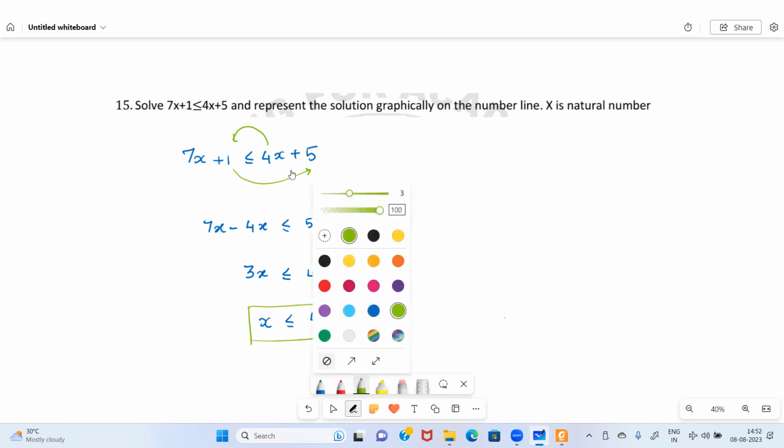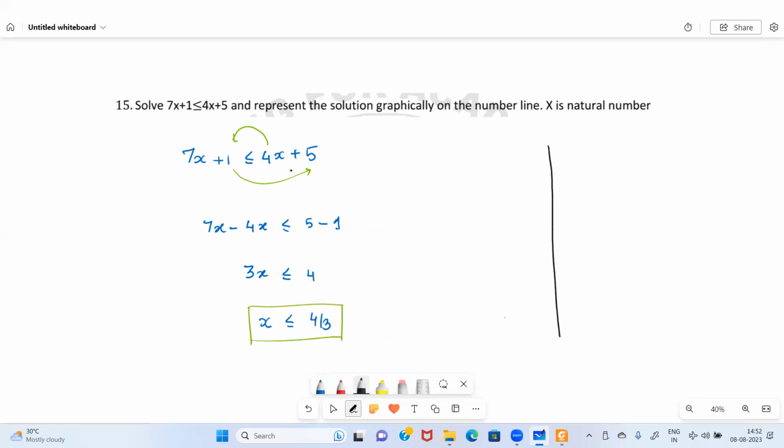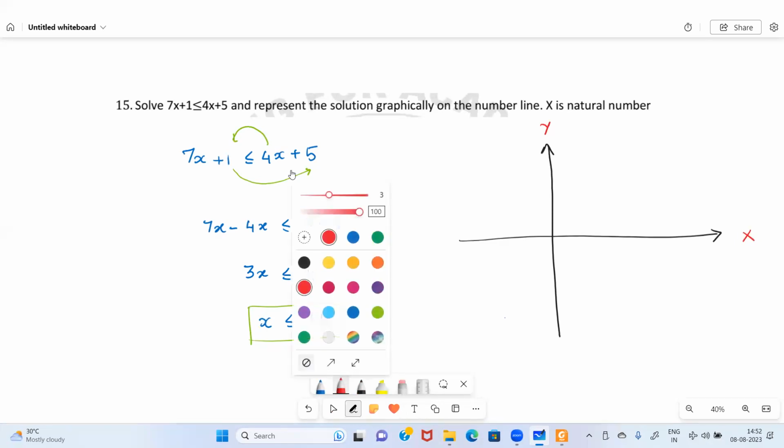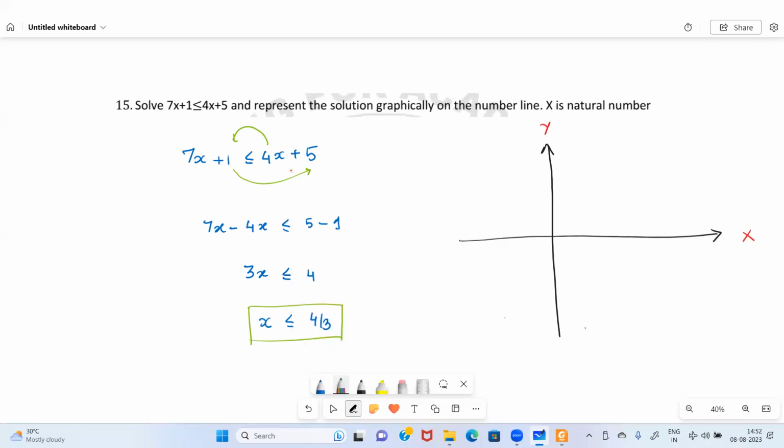So when we plot the axis, students, this is x-axis, this is y-axis, x is equal to 4 by 3. 4 by 3 is 1.33, right, students? It is a line which is parallel to y-axis.